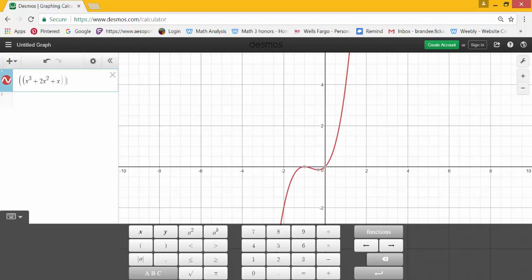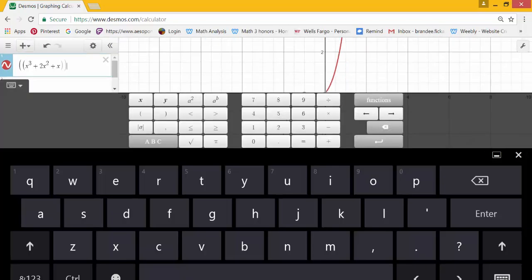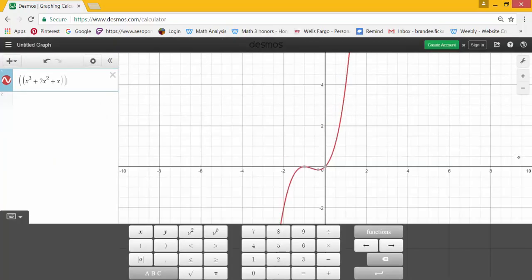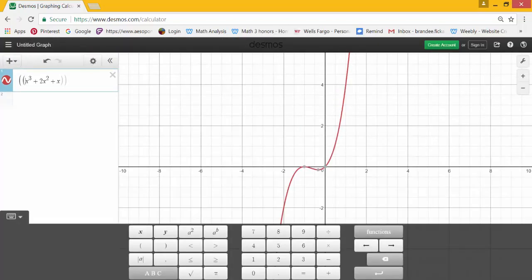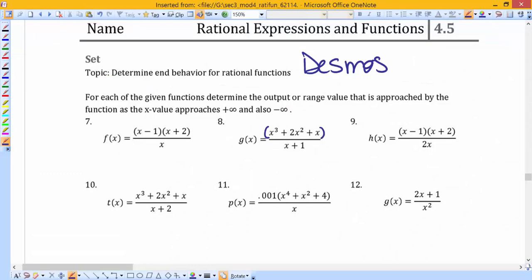And then I'm going to come out here, get rid of the keyboard, and put divided by, I forgot what it was, x plus 1.